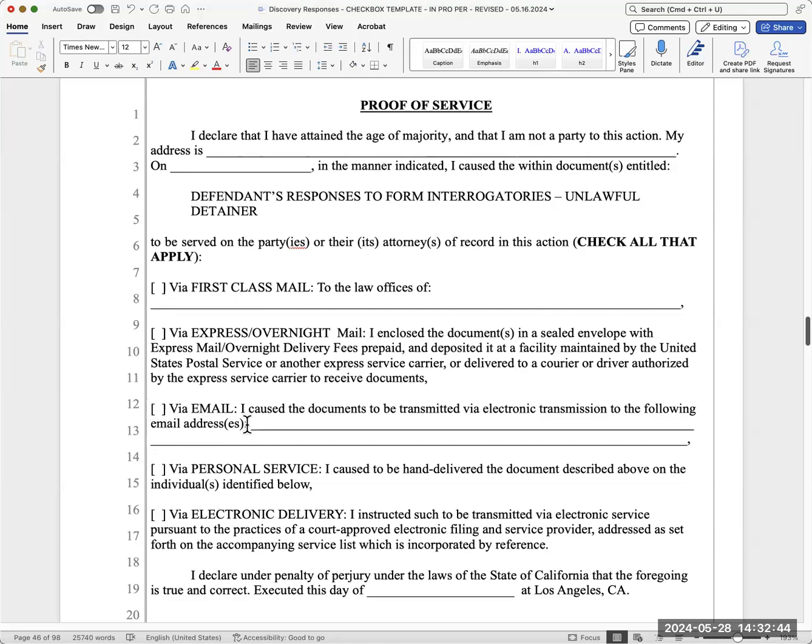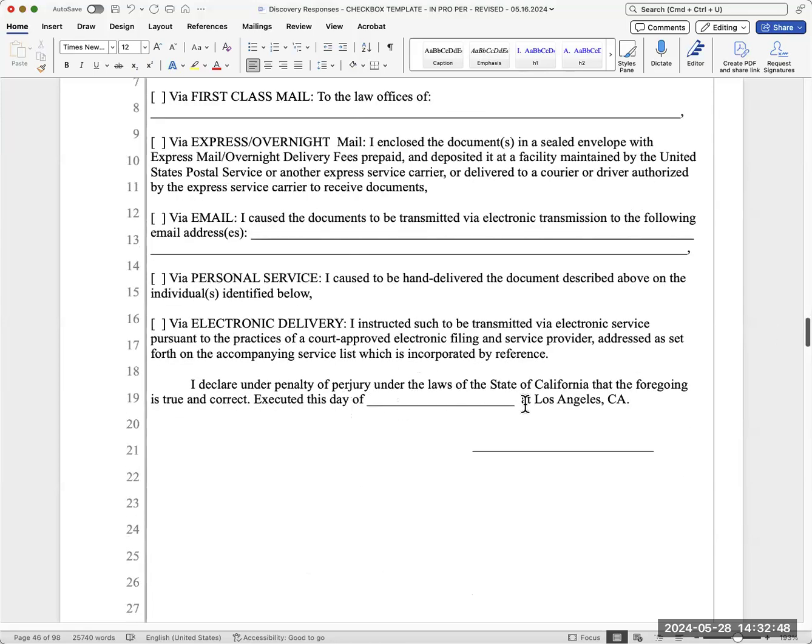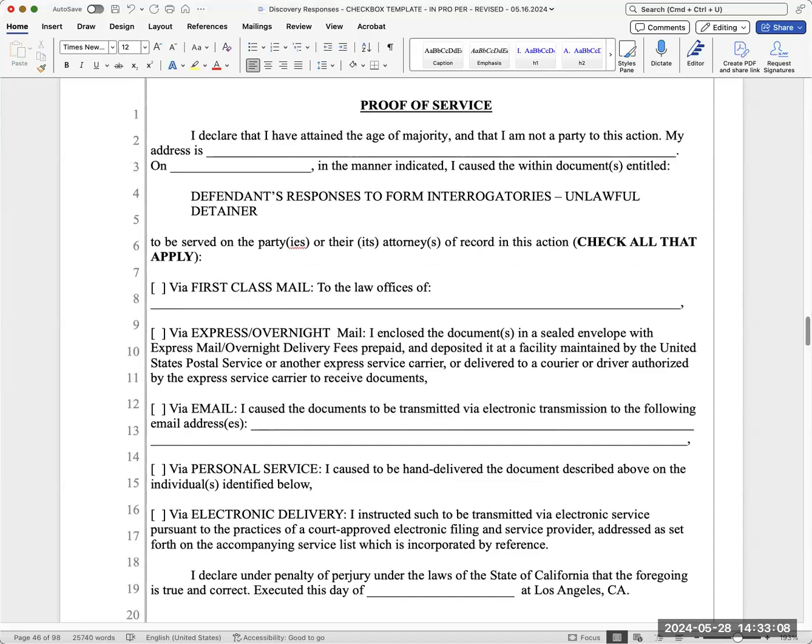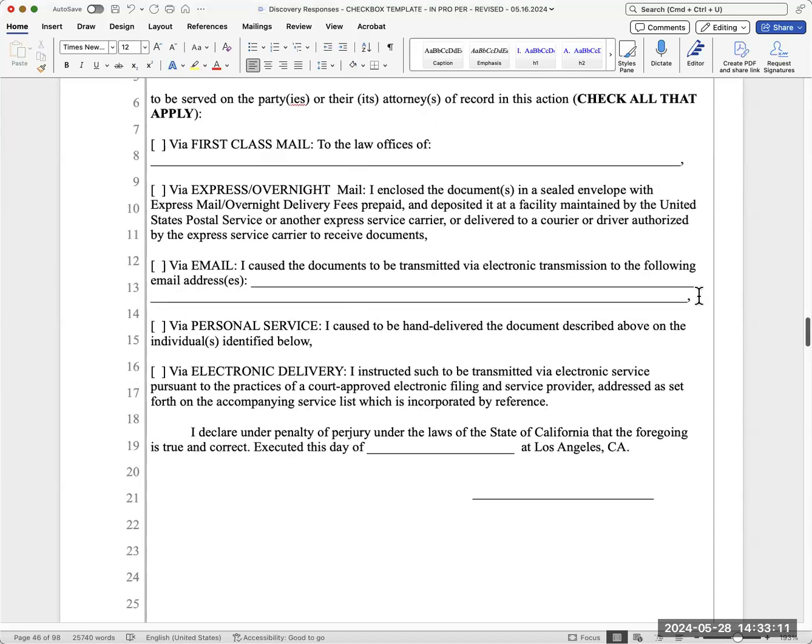If it's emailed, you check here, you put the email address in here, the date of execution, and the signature here. It's important that the date of execution and the signature be done on the same date that it's sent. So don't wait till the last possible minute in the day, even though you can, when the deadline is 11:59 that night.